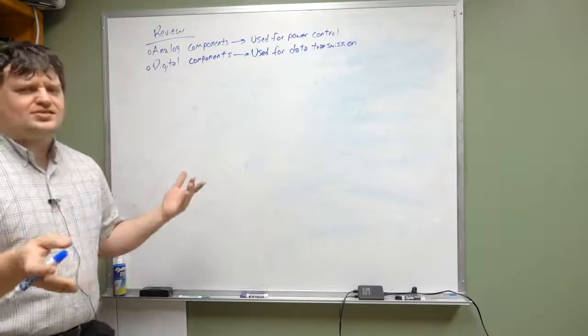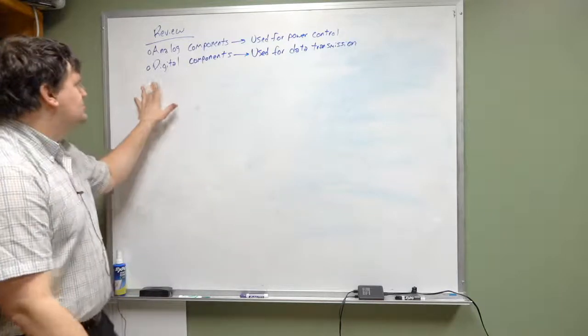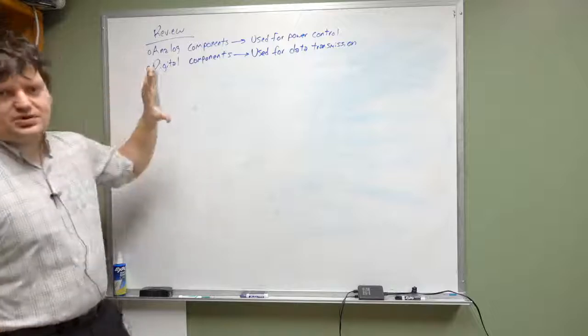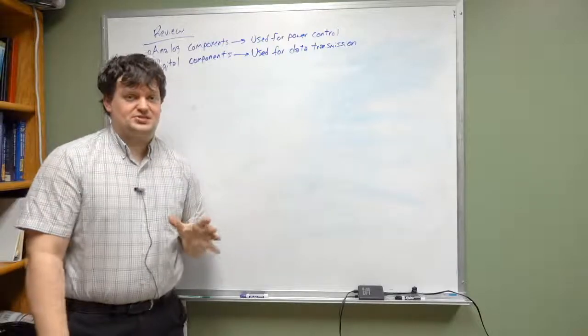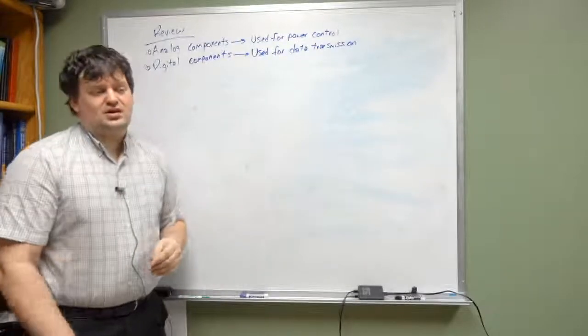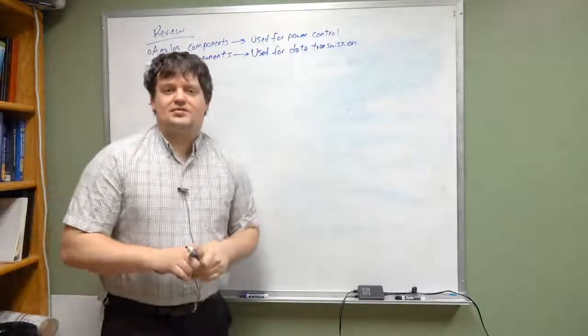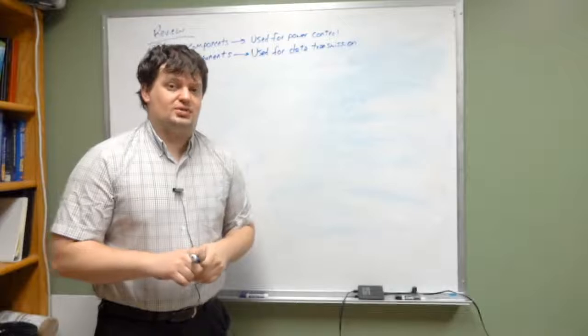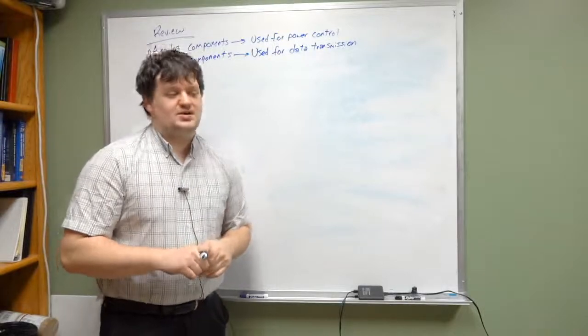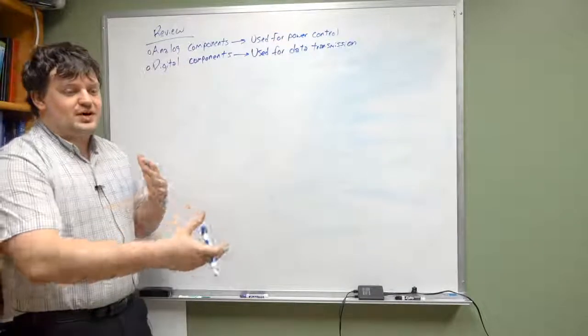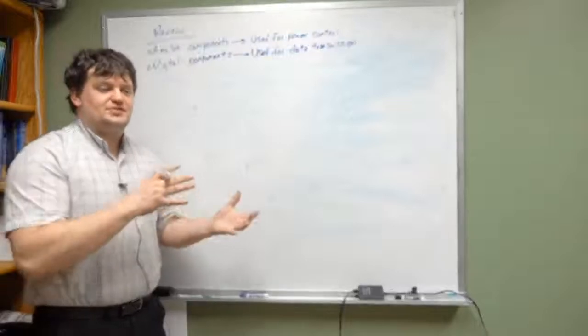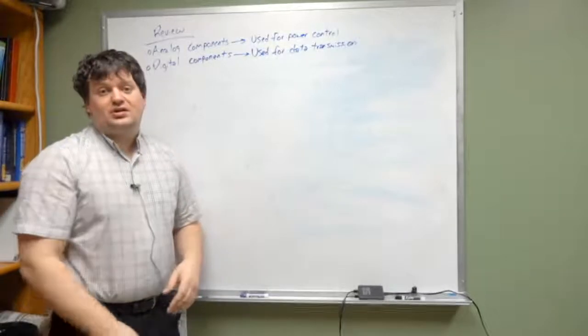But they exist in a digital system. So analog components and digital components exist in each other's systems. And this is one way that a lot of digital circuitry has become very complex, because you don't just have an entirely digital system.